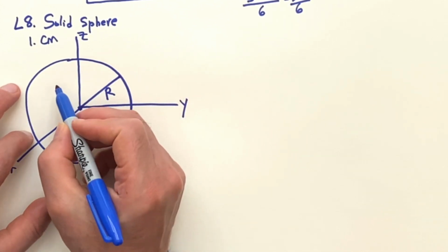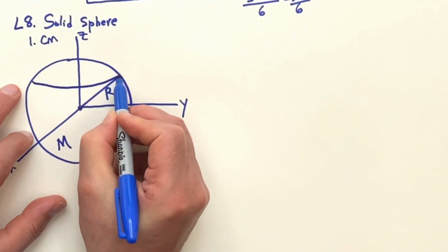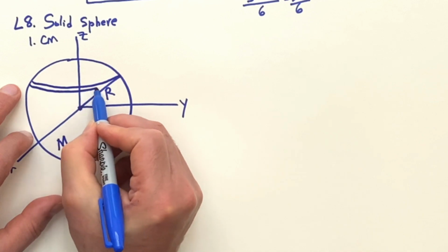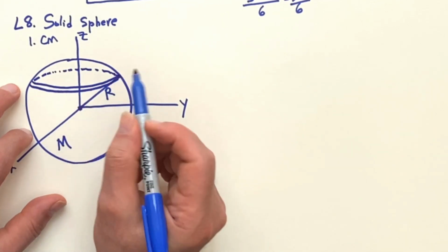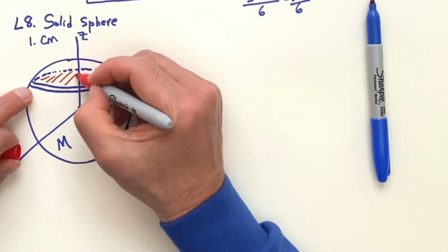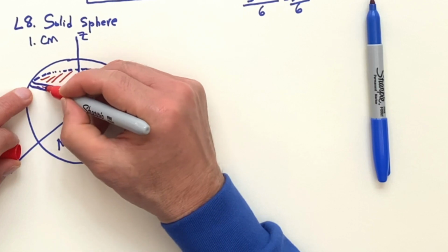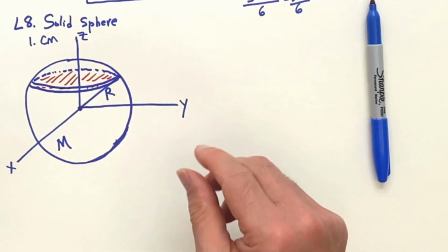And here's the trick. We're going to, at this point, consider a thin disk, because we know the answer for the thin disk.